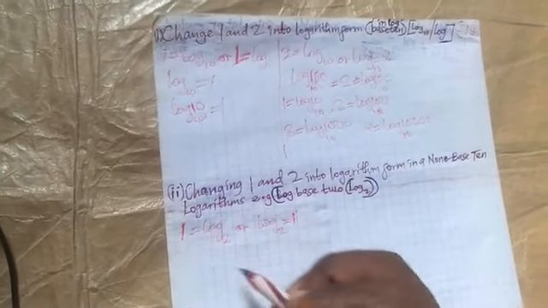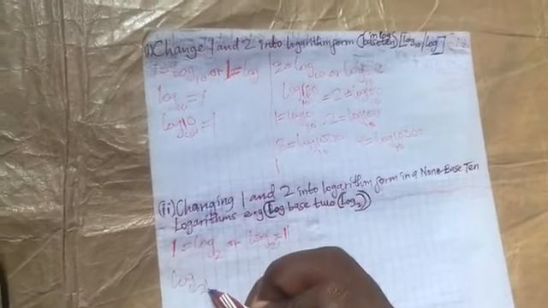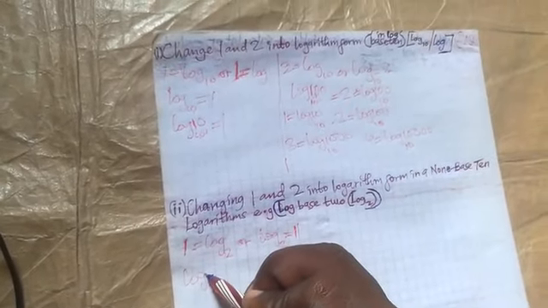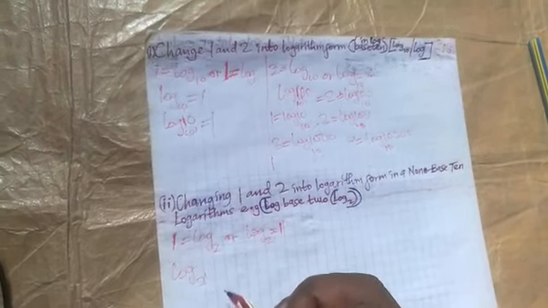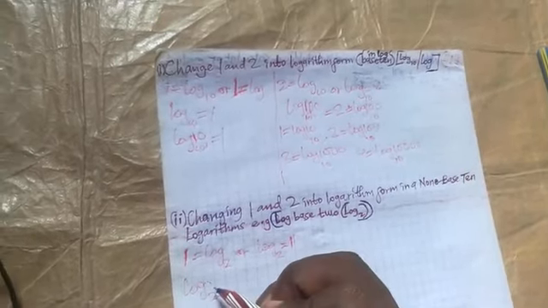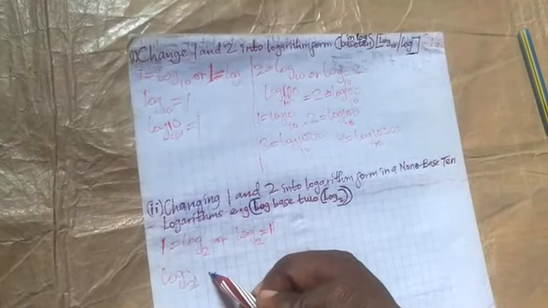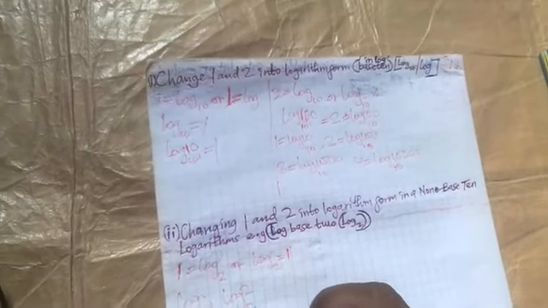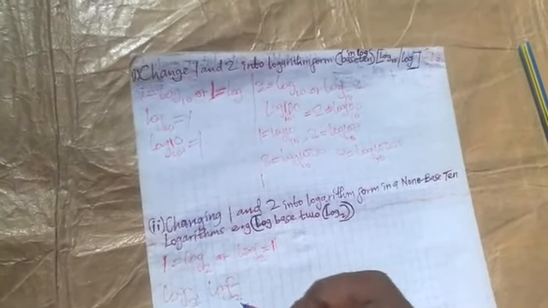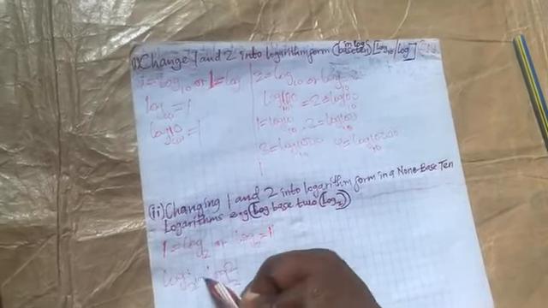Now, when 1 becomes the power to 2, this will give us log 2 power 1. Remember, 1 will be the number in the log here. Therefore, what we sometimes call the exponent, this becomes log of 2 base 2, because if 2 is the power, 2 will lie here.